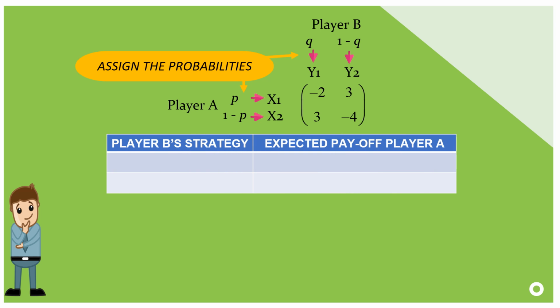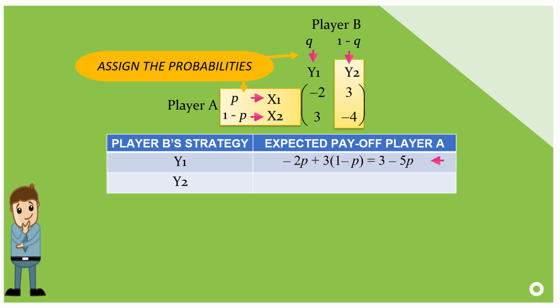Next is to find the expected payoff for player A based on player B's strategies. If B plays Y1, the expected payoff for player A is -2P plus 3 times 1 minus P, which gives us 3 minus 5P.